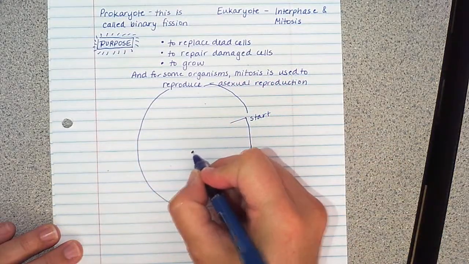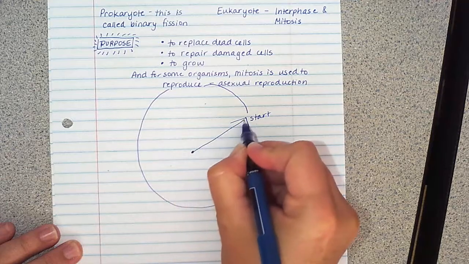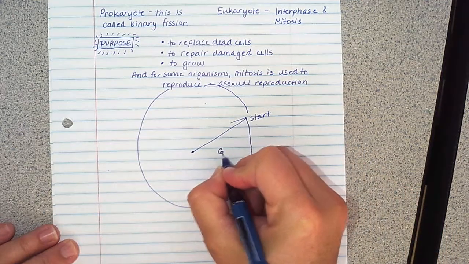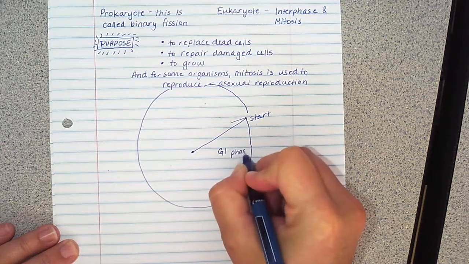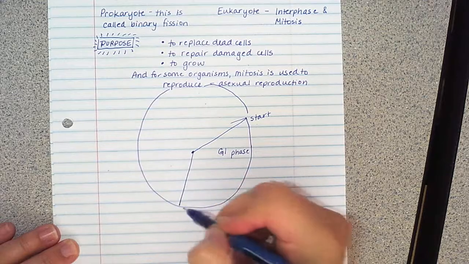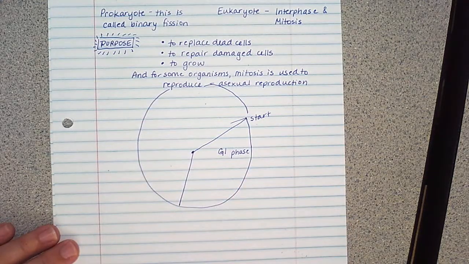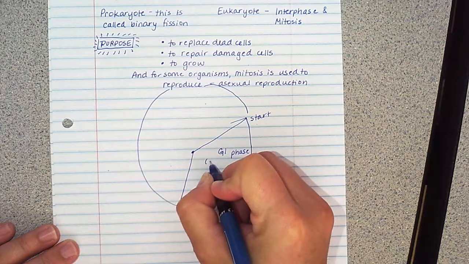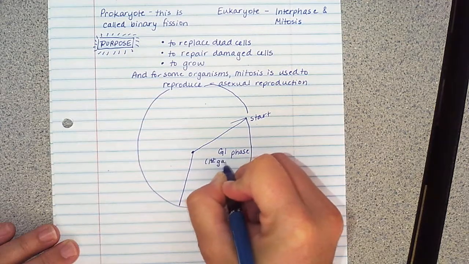But we're going to start with a process here that is called the G1 phase. And the G1 phase takes a decent amount of time, so let's make a pretty big slice out of the pie. And this is part of what we call interphase. So the G1 phase stands for the first gap phase.